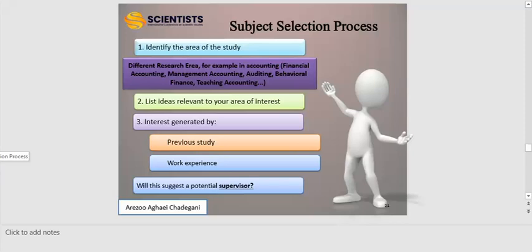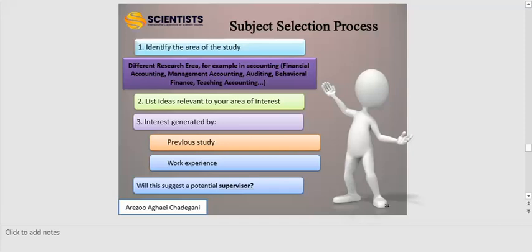Okay, when you want to find a good subject, you need to follow the guidelines and rules on the subject selection process. Number 1, identify the area of the study. It means every field of study has different research areas.